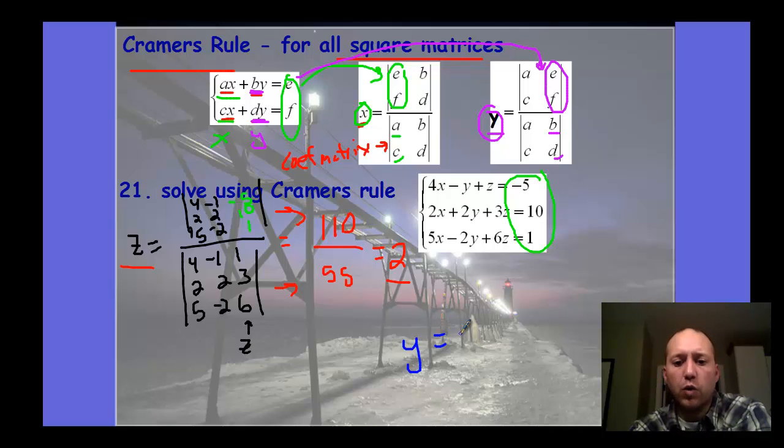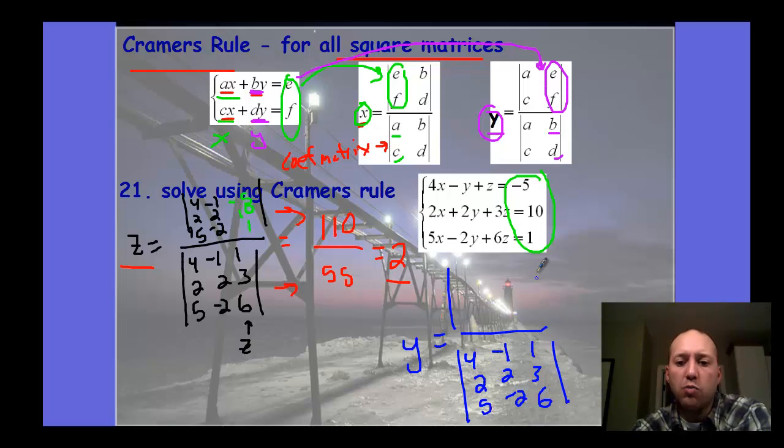So we can do that for y, do it for one more here. The denominator still stays 4, 2, and 5, -1, 2, -2, and 1, 3, 6. Again, this is our coefficient matrix. Our numerator, since we're trying to find y, the y column is the middle one, the x column is staying the same, and the z column is staying the same.